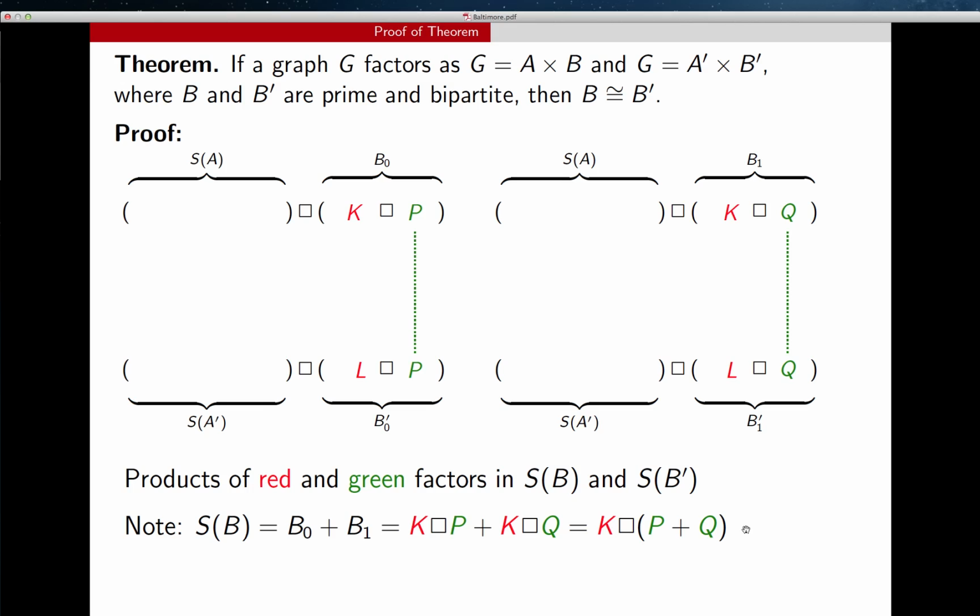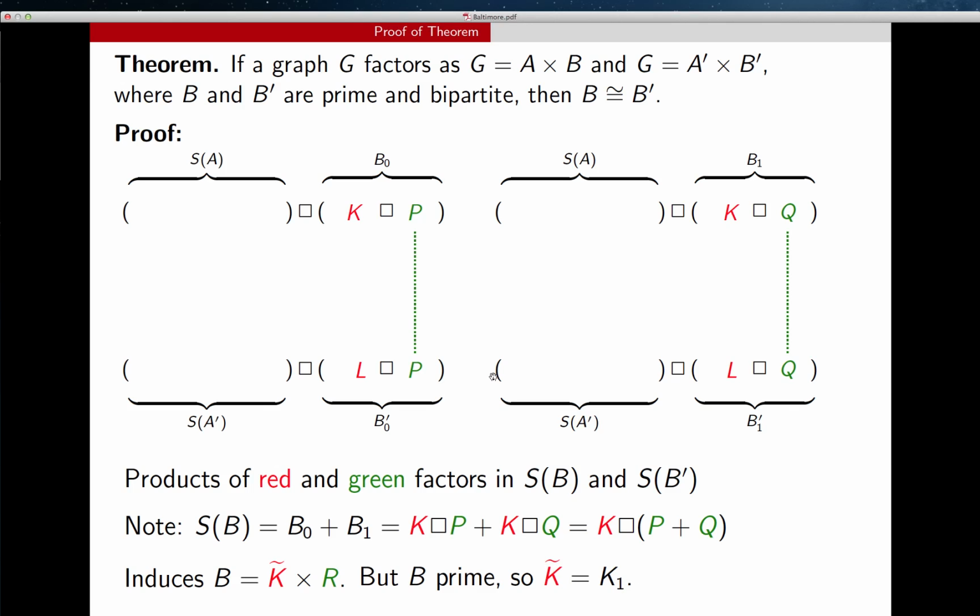Now I'm going to omit the details here, but it's not hard to show that that factoring, K box (P plus Q), into red and green graphs gives you a factoring of B over the direct product K tilde, which has two parts. It's not trivial. So this K has to be trivial. B is prime, so K tilde is K1.